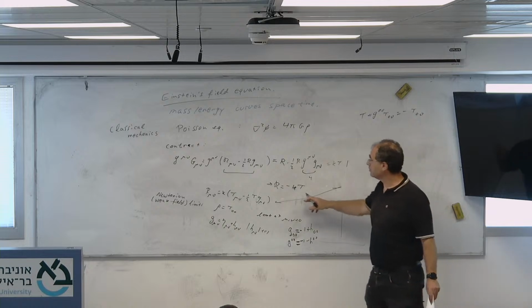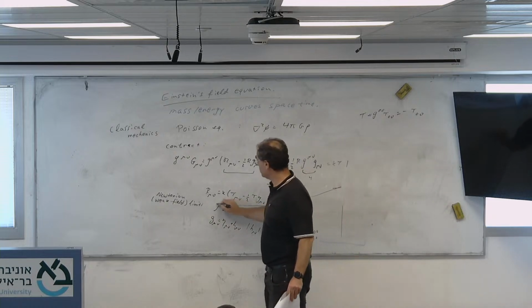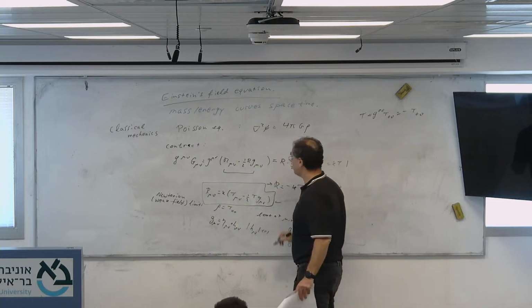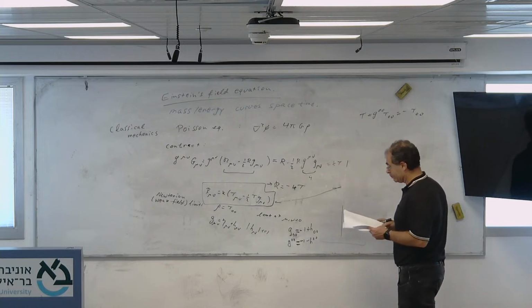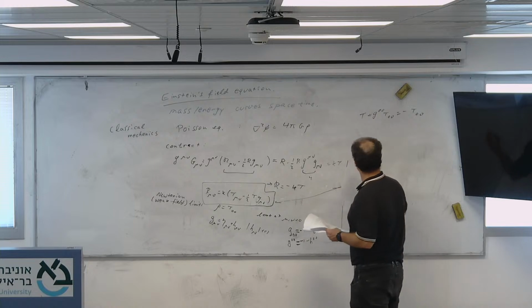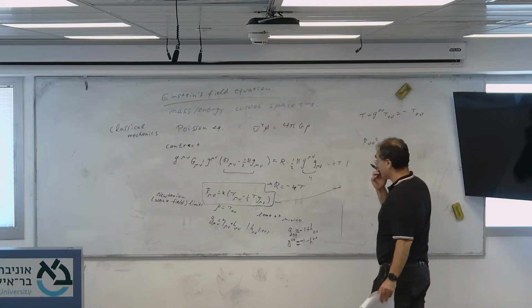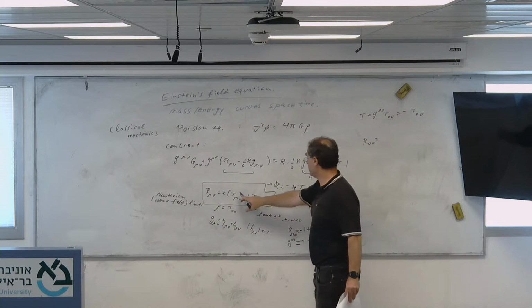And then I'm going to plug this into the proposed field equation. So in R00, I can use 0,0 here.